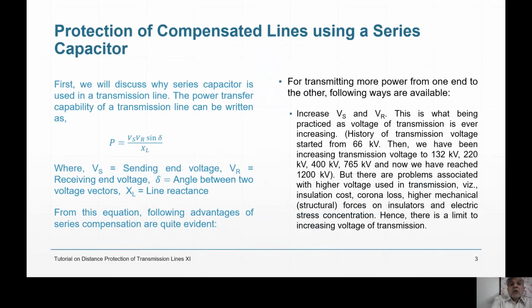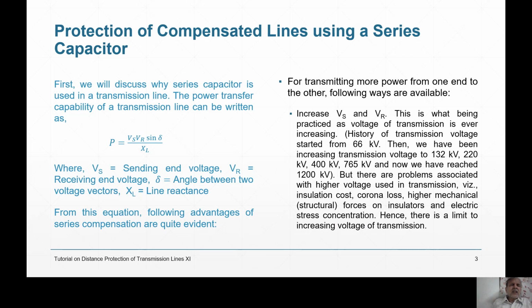The problem is protection of compensated lines using series capacitor. You see, people use series capacitor in a line. Why are we using series capacitor? Because we have to think of the equation of power being transferred from one end to the other end.